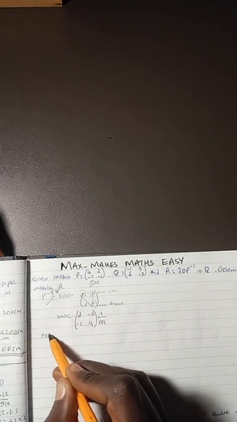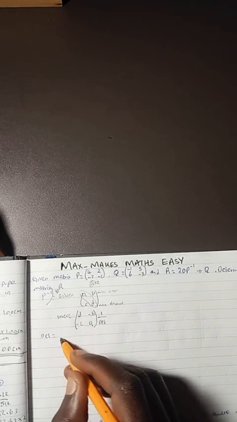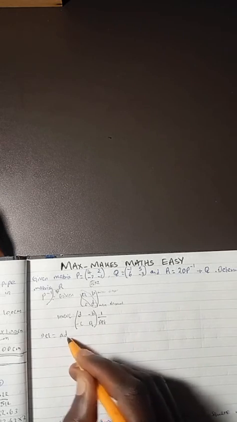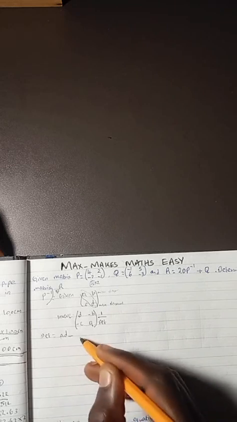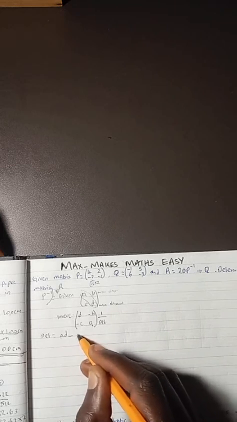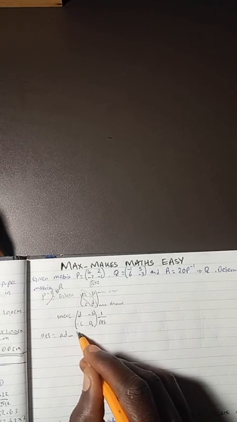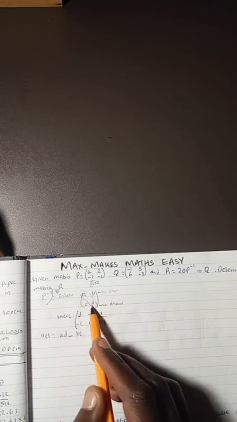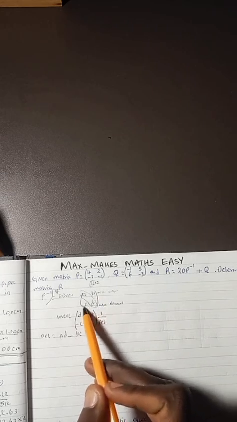The determinant is found by multiplying the elements in the main diagonal, then subtracting the product of the minor diagonal. So the determinant is AD minus BC.